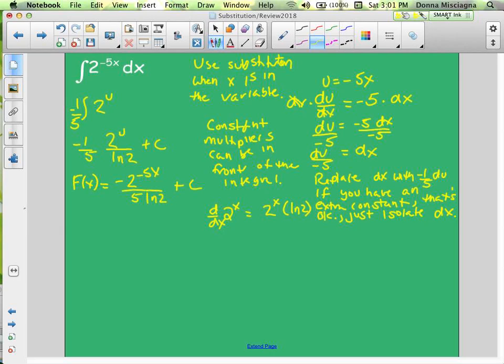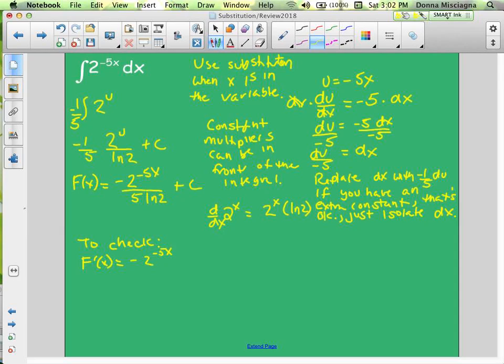All right, so now if we want to check ourselves, let's take the derivative. So this would be f prime of x equals the derivative of 2 to the blop. We've got a negative there, so it'll be negative 2 to the blop, and the blop is negative 5x.